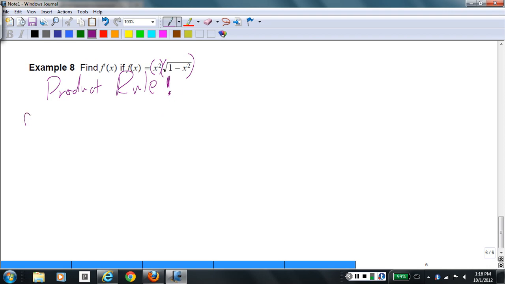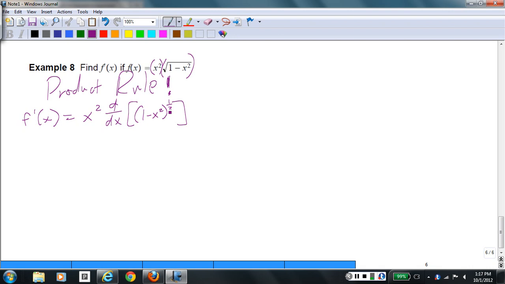Product rule. F prime of x equals the first times the derivative of the second. Now, I'm going to go ahead and write it as 1 minus x squared quantity to the 1/2. I'm not taking a derivative. I'm just rewriting it in a friendlier form so that when we take the derivative, it's easier using fractional exponents than it is dealing with the radical.